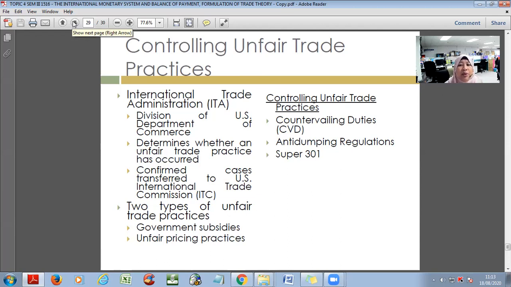This is about anti-dumping regulations, Section 301 and countervailing duty (CVD). So I want you to read this further in your long notes to have more understanding, because I provided you all with very lengthy notes. It's very loose if you don't want to read it.